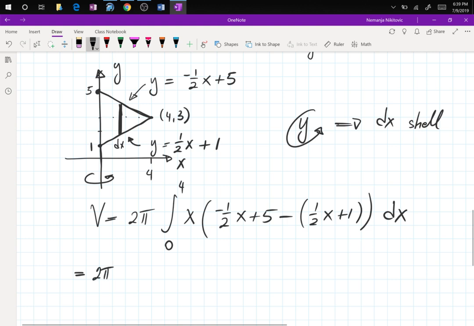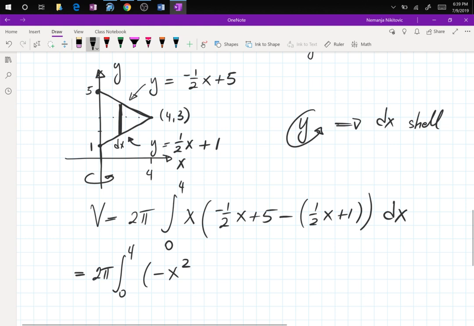So 2 pi integral 0 to 4, and now it's time for us to add these. So minus half x is negative x times x is negative x squared. And I'm not multiplying over here, I'm not foiling, there is a minus sign. I'm just adding and subtracting like terms. Keep that in mind. It's not a FOIL.